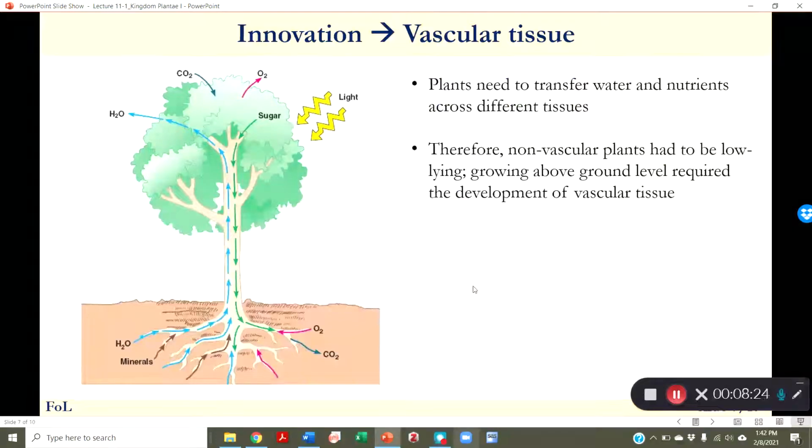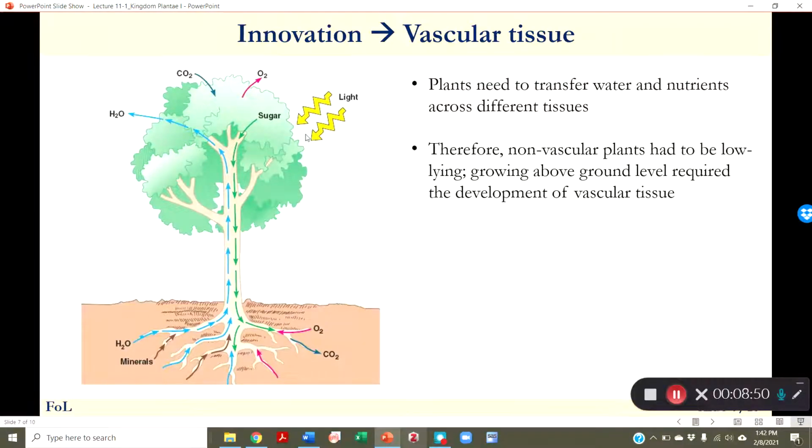So the next innovation to talk about is the development of vascular tissue. And so this is a picture of a tree. We talked about how plants are critical for their photosynthetic ability. They also need to be able to transfer water and nutrients across lots of different parts of their body.